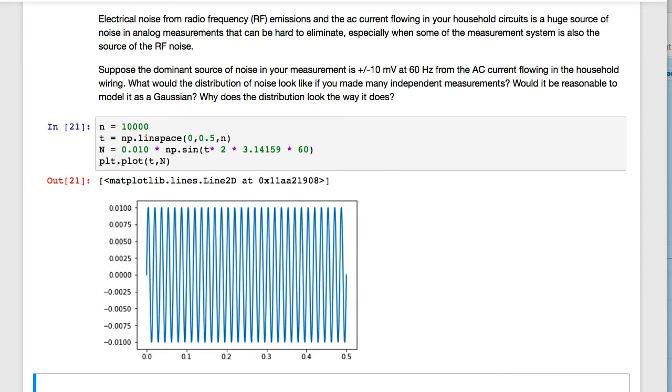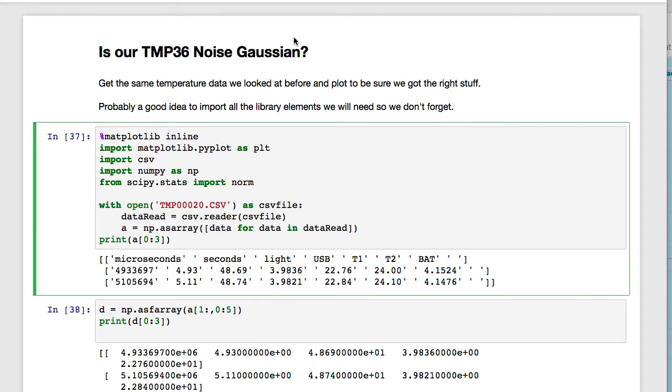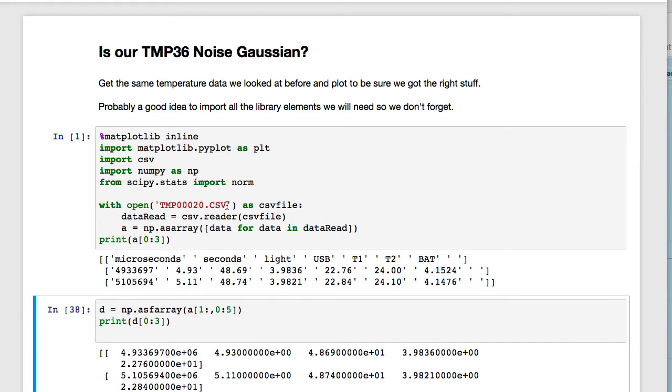Well, let's look back and see this one. This is the example asking, is our TMP36 noise Gaussian? And what we've done here is imported some data from this really large file, tmp20.csv, and then we've made it into a floating point array of data.